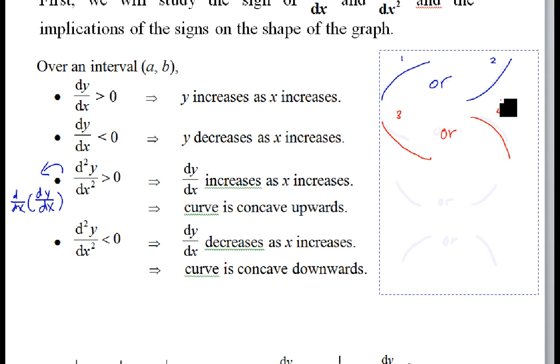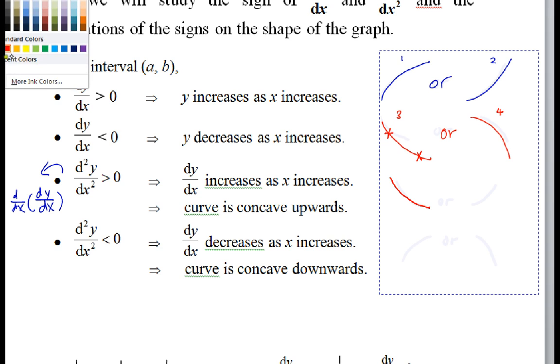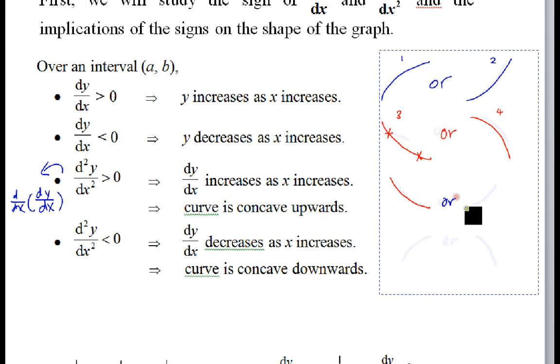Maybe at this point the gradient is negative 2, then at this point the gradient is negative 1, so it also increases. So there are two: it's either this or this.